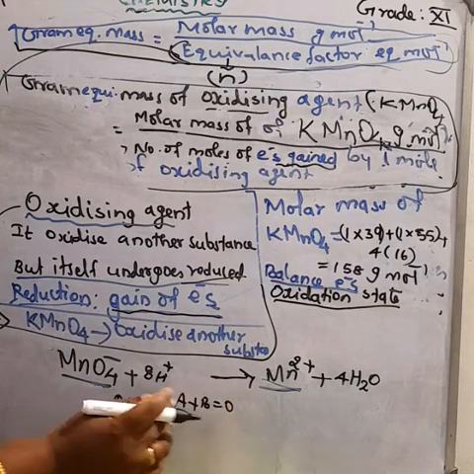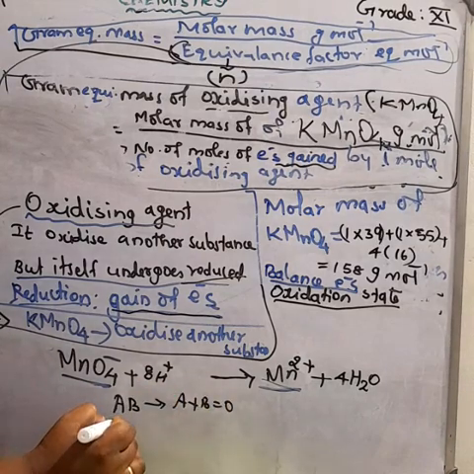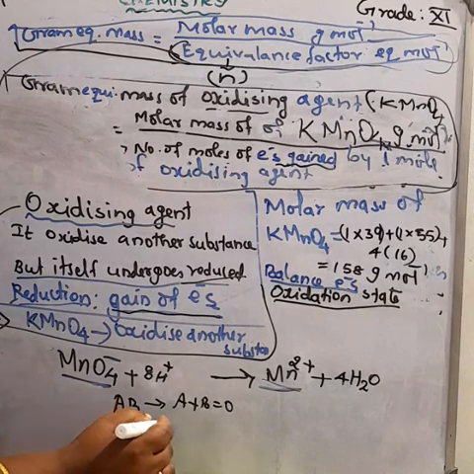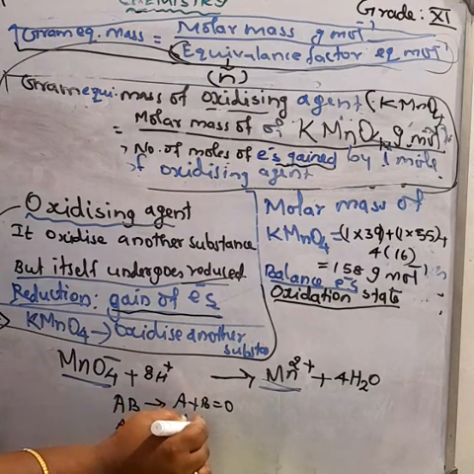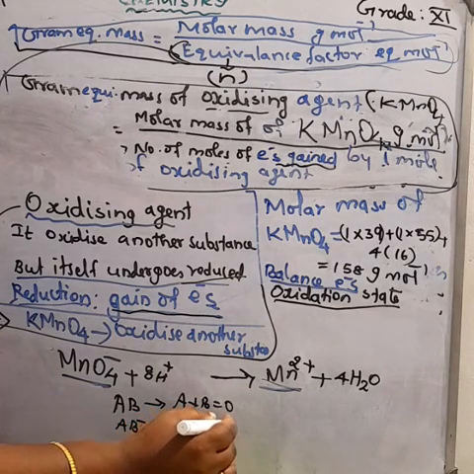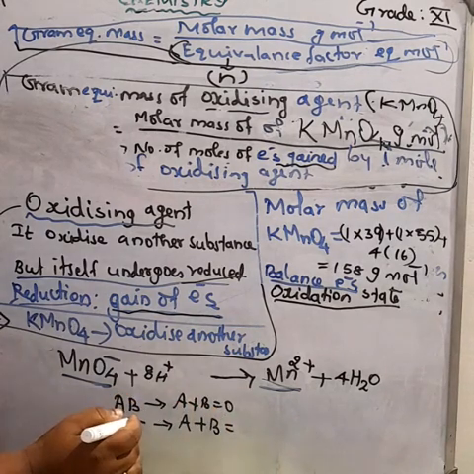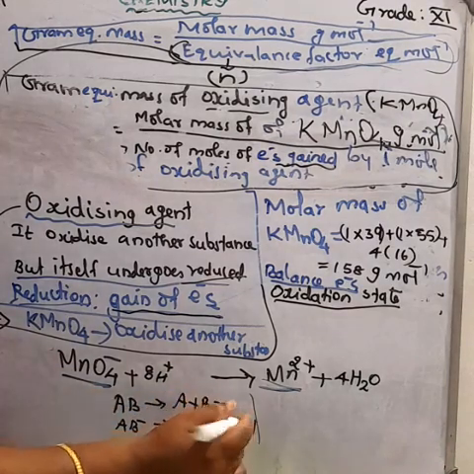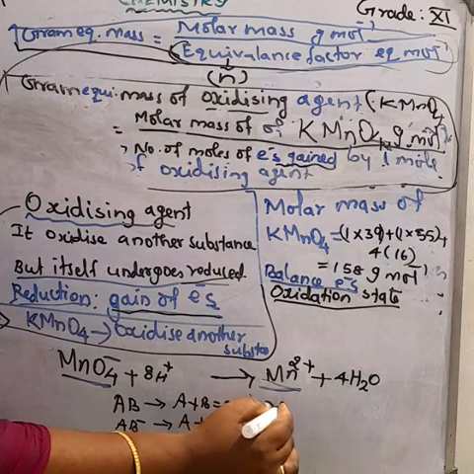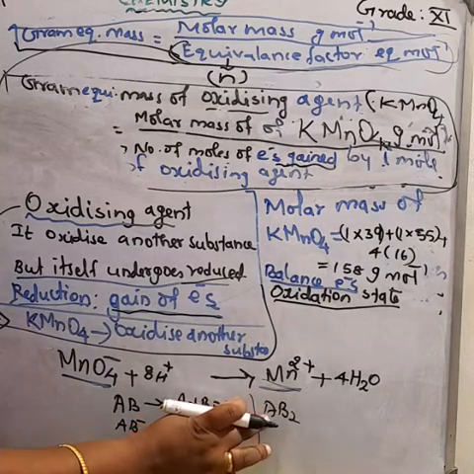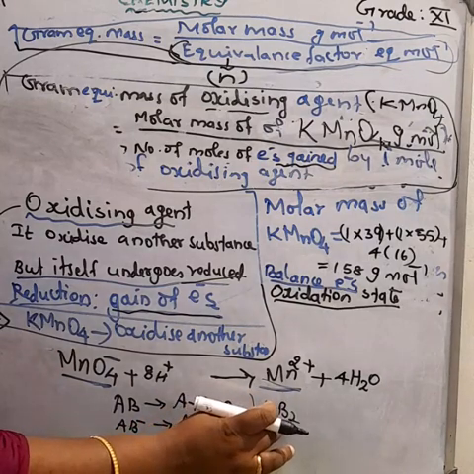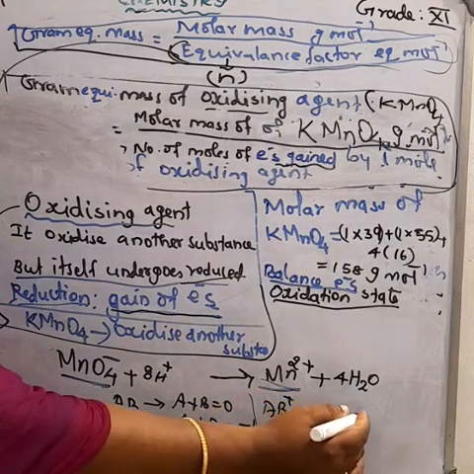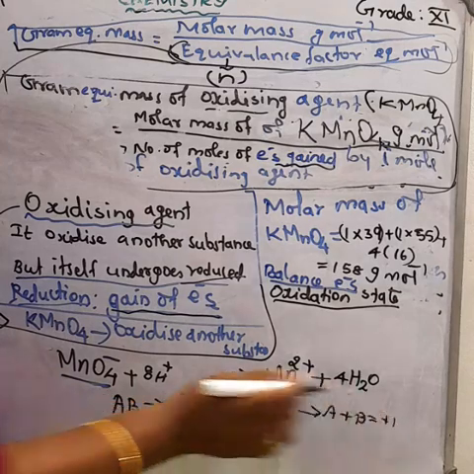If you want to calculate the oxidation state of A in an AB minus molecule, the formula is A plus B is equal to minus 1, because there is one minus charge. Similarly, for AB plus, A plus B is equal to plus 1. This is the formula to calculate the oxidation state.